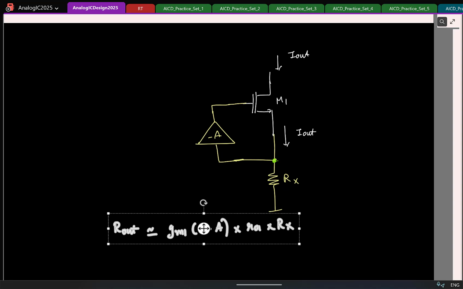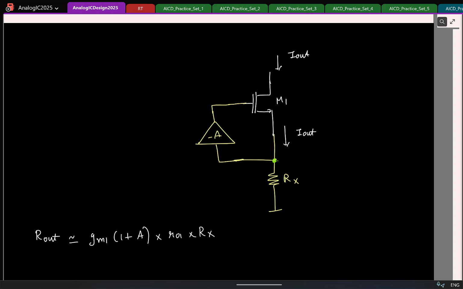Now if you didn't have the feedback action, so let us say this gain A was not connected in feedback, what would have been the output resistance? GM1 times R1 times Rx. Now the addition of this feedback has basically increased your output resistance.